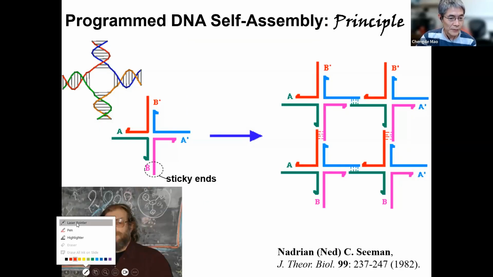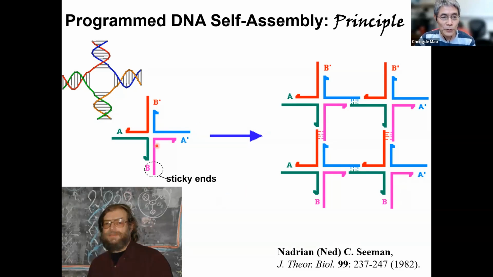Use this branched DNA structure, and at the end, he introduced a sticky end, at least one strand, like here, that is longer than the other strand. This single-stranded end, if it finds another single-stranded end, they could complement each other and hold the molecules together.